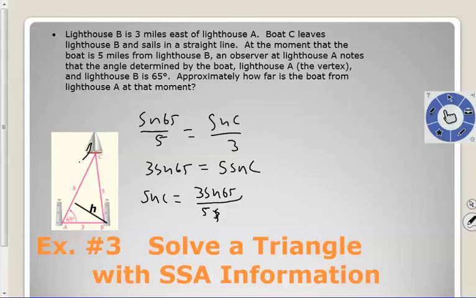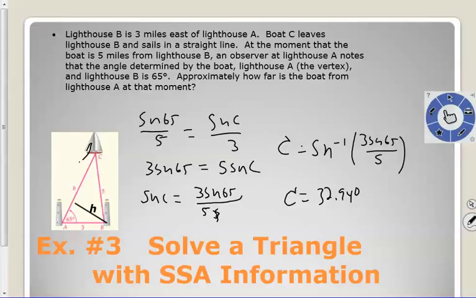And then C is the arcsine of 3 sine 65 over 5, which comes out to be approximately 32.94 degrees.